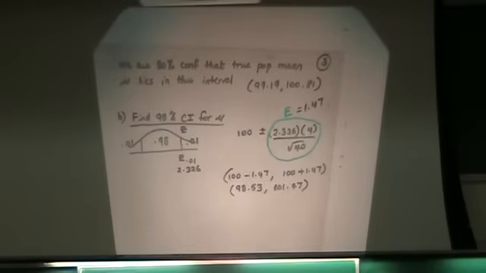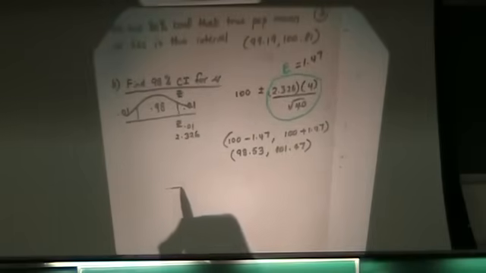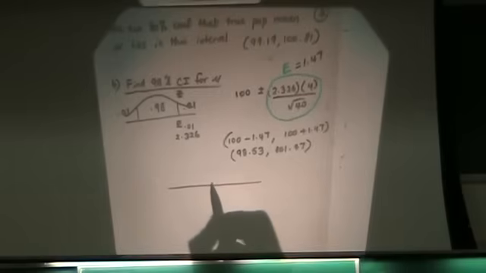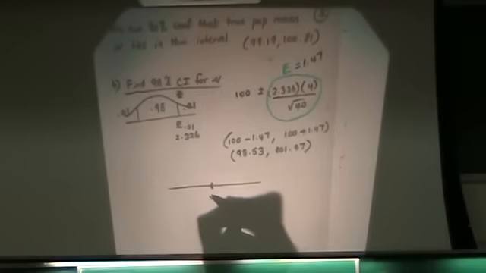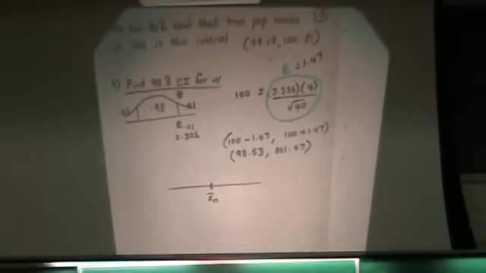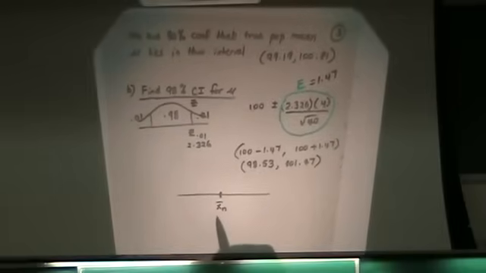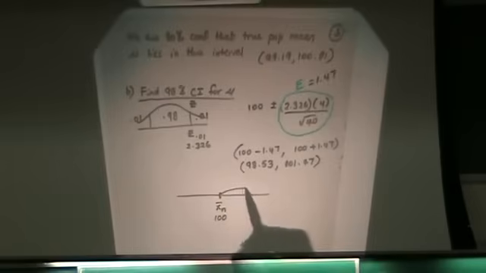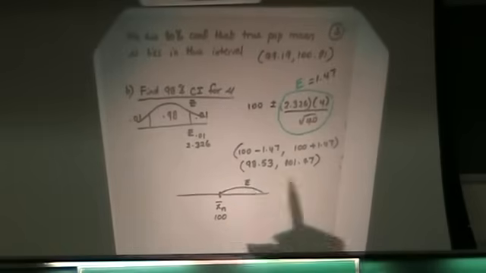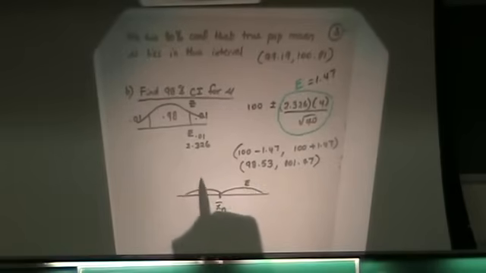Okay. So I want to draw a picture of this confidence interval. I started with X bar n, which was 100. And I went a distance of E to the right and a distance of E to the left.